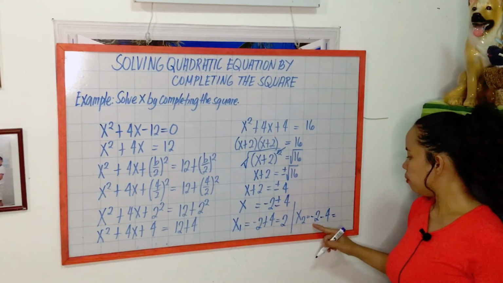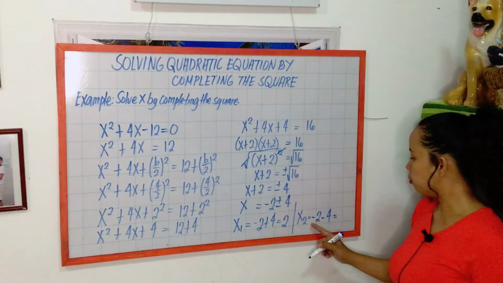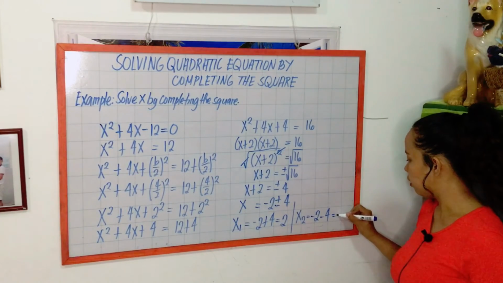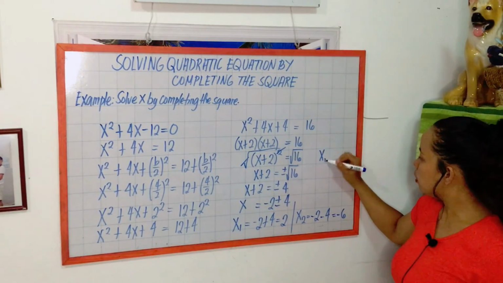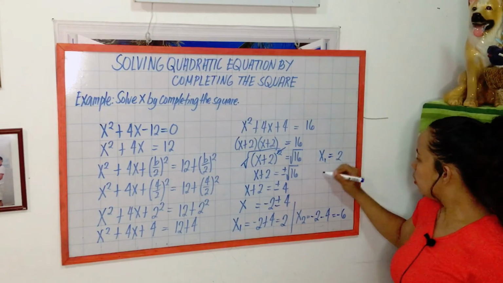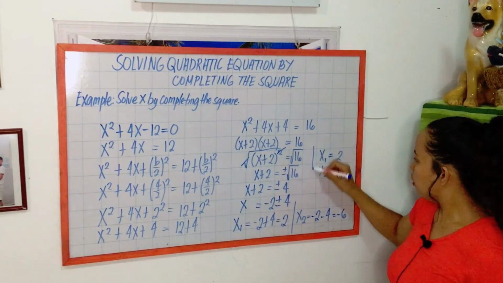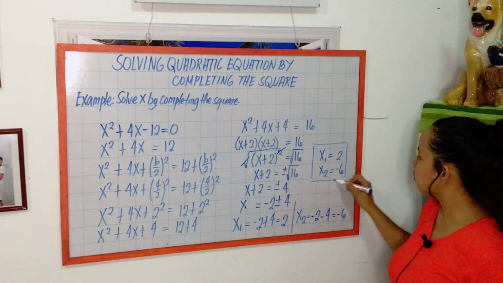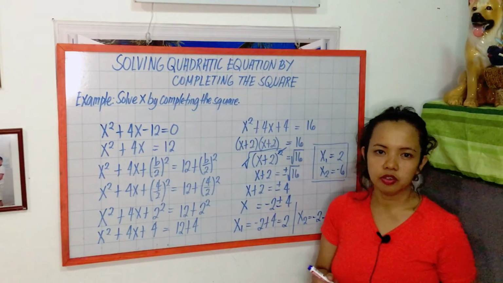Magiging i-add, and then kokopyahin lang natin yung negative sign, which is negative 6. Therefore, x sub 1 is equal to 2, and x sub 2 is equal to negative 6. That will be the x values of your quadratic equation.